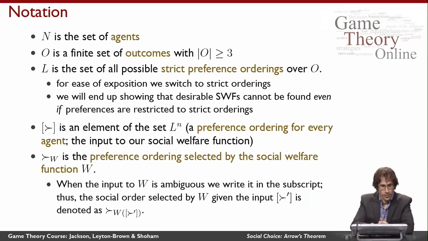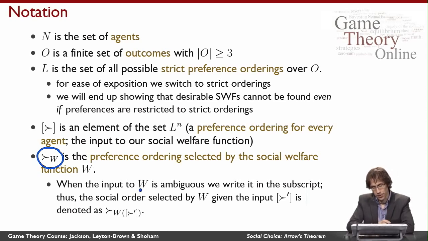Going on, I'll denote with this symbol, an ordering relation subscripted by a W, the preference ordering that is actually output by the social welfare function. So as I just said, the social welfare function itself outputs an ordering, and this is going to be the ordering that gets output.